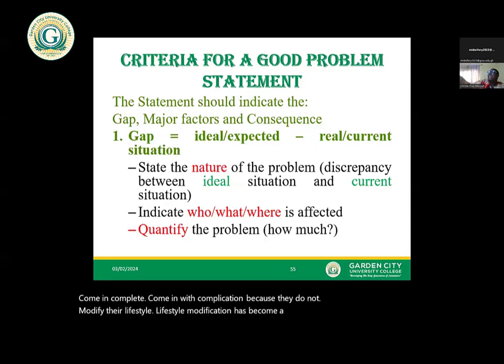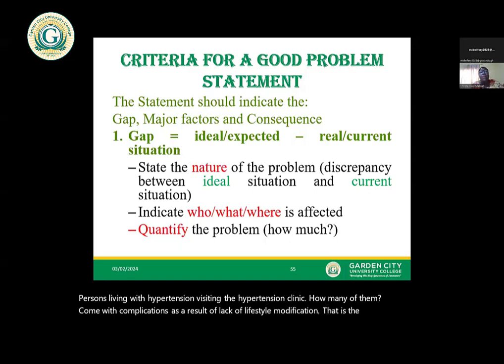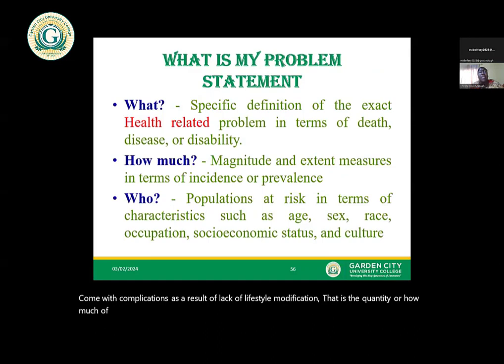If you take 20 persons living with hypertension visiting the hypertension clinic, how many of them come with complications as a result of lack of lifestyle modification? That is the quantity, or how much of the problem we are talking about.